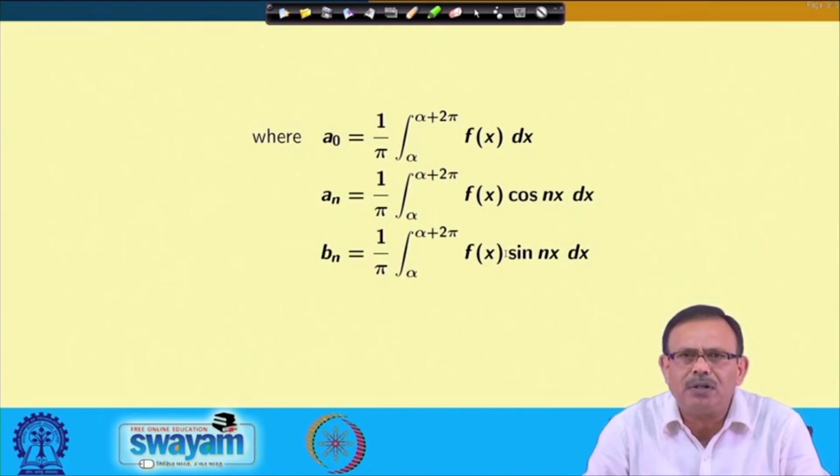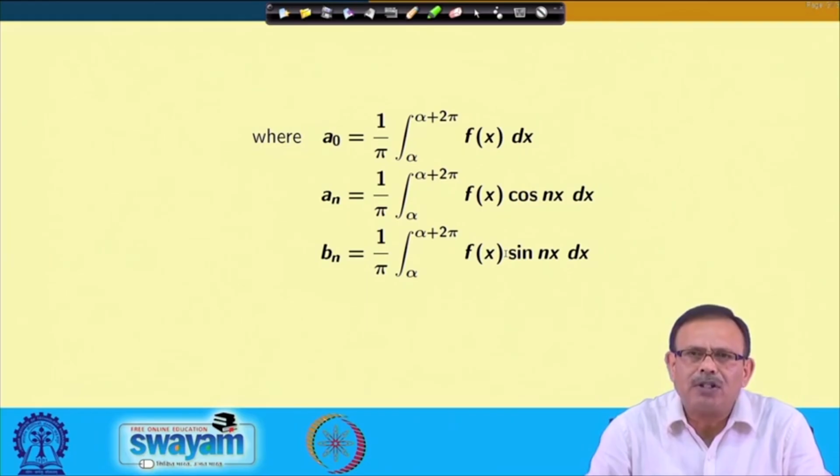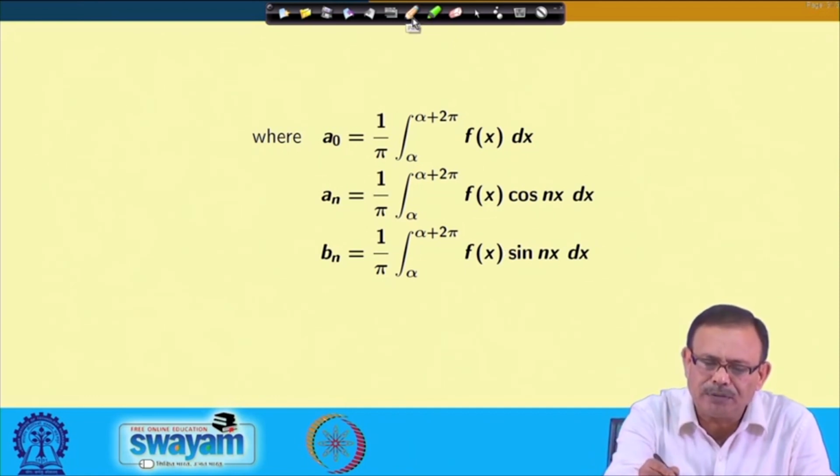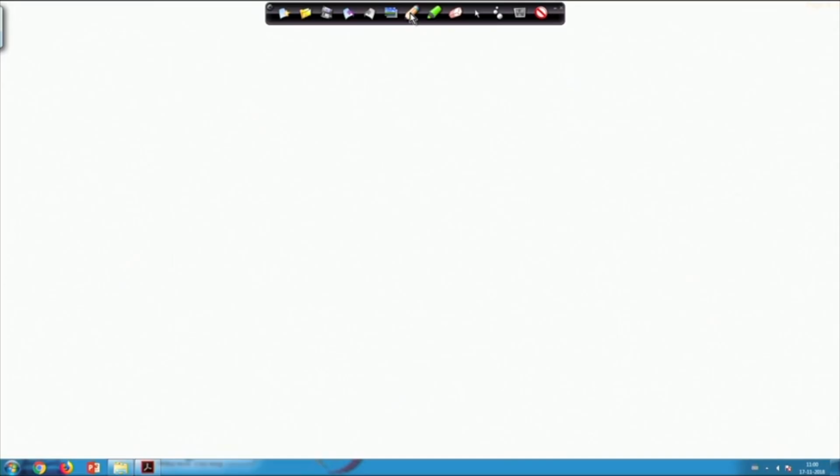Now, to establish this formula, to prove this one, we need to know certain standard values of some definite integrals. So, let us see the values of those integrals first.